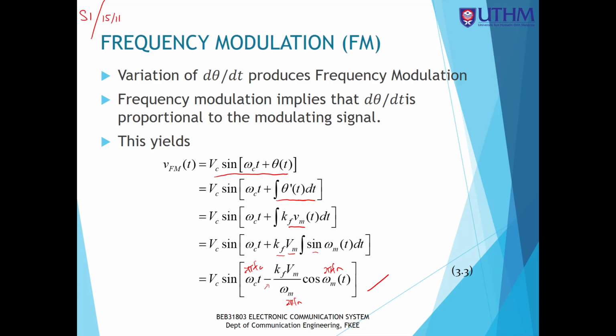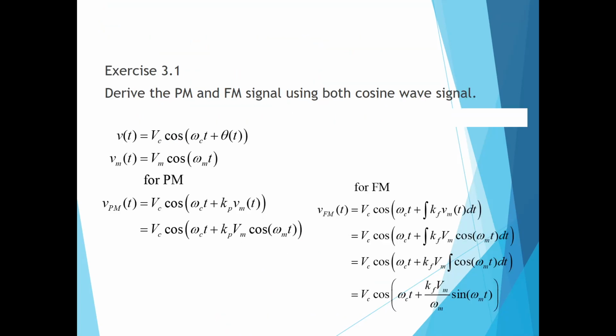If you see from here, we use the sine function. There's another example which uses the cosine function, which is this one. In this example, you are given the general equation as cosine, and the modulating signal equation as cosine also.